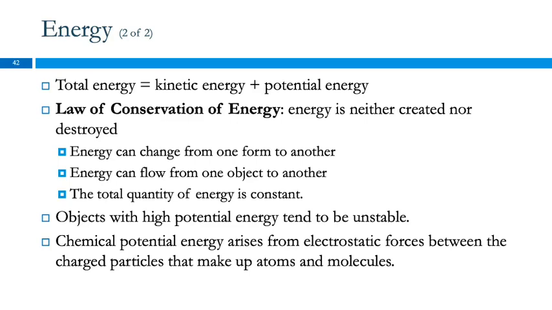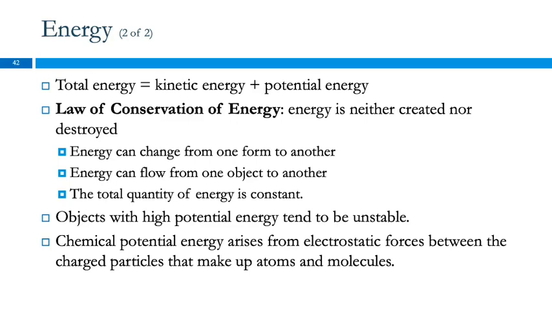We say it's due to the composition of the substance, but that really is also due to position, the position of the individual particles that make up the matter, the electrons and the protons, and their proximity and arrangement next to each other. They are charged particles, and so there are electrostatic forces in there. And that's what gives rise to chemical potential energy.